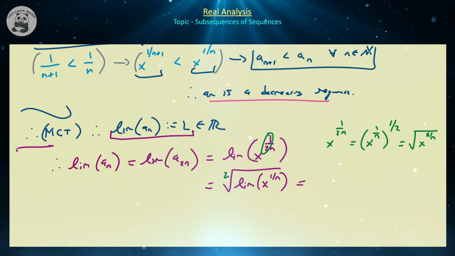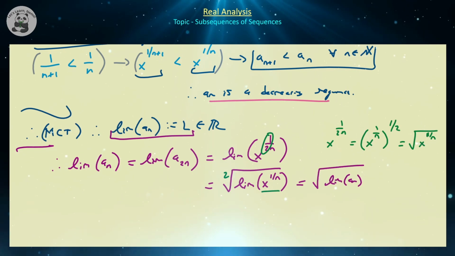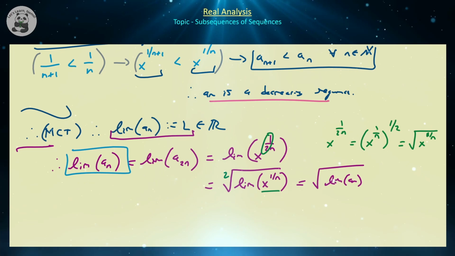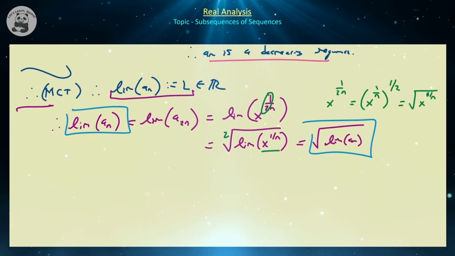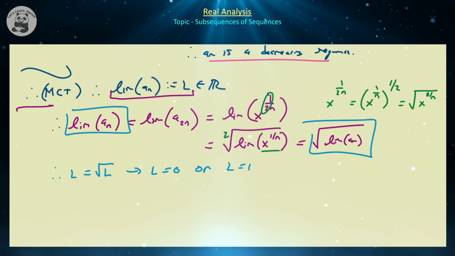So once we have that, what exactly do we have? Well, x to the 1 over n is just a_n, so the limit is equal to the square root of the limit of a_n. And then what we have here is an equation that contains our limit value L. So we have that L is equal to the square root of L, which means that L is equal to 0 or L is equal to 1.